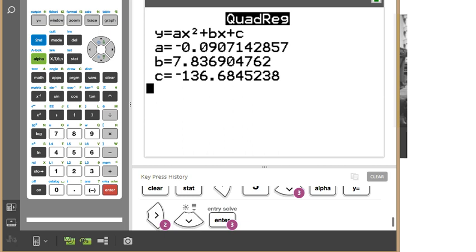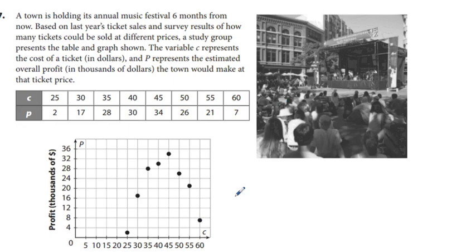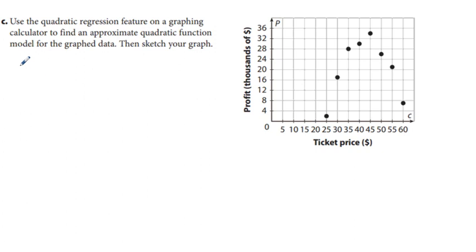I'm going to write it down here, and this will be part C. We'll call it profit equals C, negative 0.0907 C squared plus 7.84 C minus 137. That's our approximate model. And then it says, then sketch your graph.